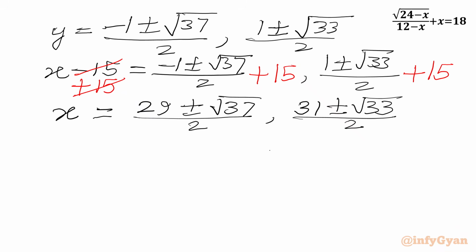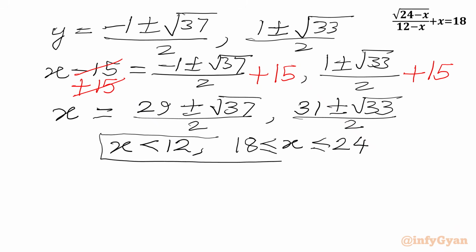Now we have the domain x less than 12 and x should be in the interval 18 and 24. So we have to find approximate values of all the 4 real values of x.